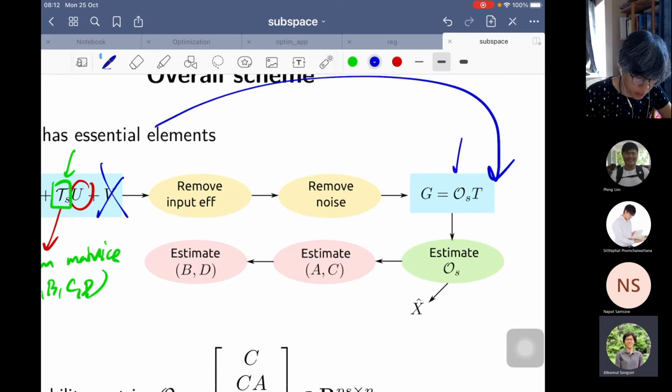Whenever we can end up with this equation, because we know that the system parameter is hidden in OS, we're going to use the process of SVD.